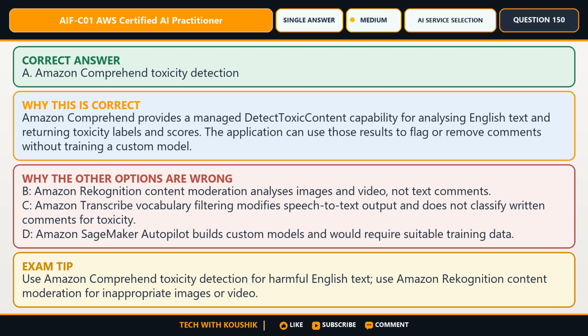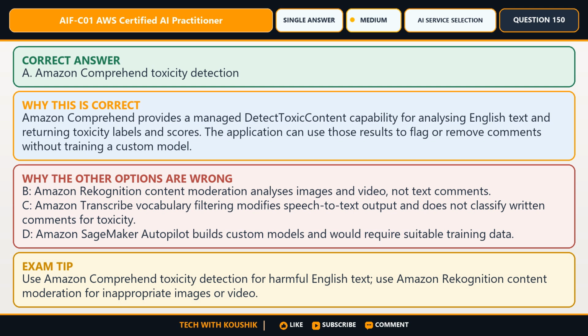B. Amazon Rekognition Content Moderation analyzes images and video, not text comments. C. Amazon Transcribe Vocabulary Filtering modifies speech-to-text output and does not classify written comments for toxicity. D. Amazon SageMaker Autopilot builds custom models and would require suitable training data.